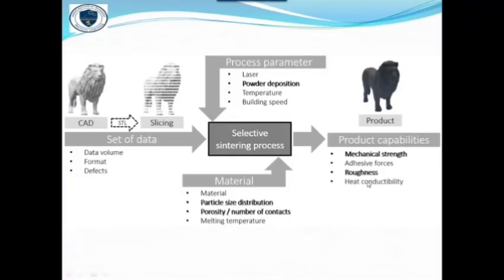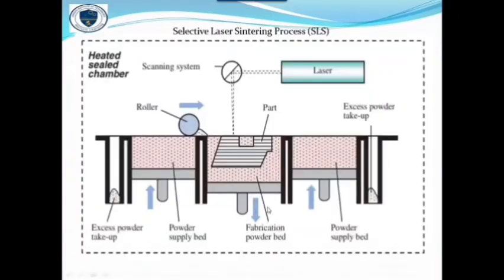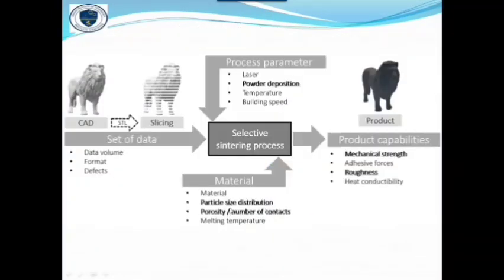First, the particle size distribution. Purely based on the material we choose, we can identify this size distribution, and also the porosity of this particular material. Then what about the melting temperature of this material? These are the parameters we need to identify after deciding on the material.